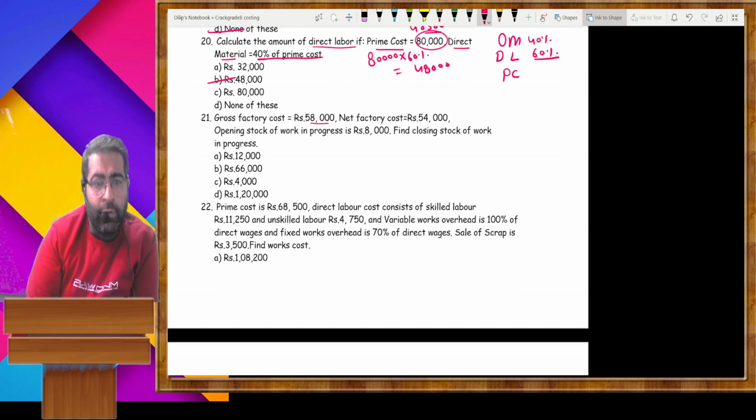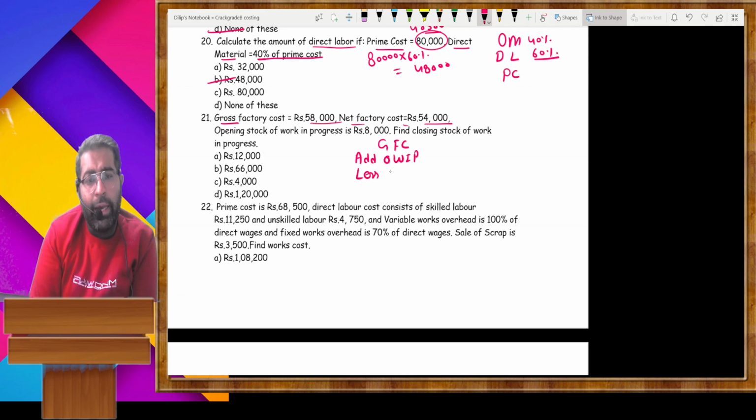Gross factory cost 58,000, net factory cost 54,000. Now, what is the relation of gross factory cost and net? Gross factory cost, add opening work in progress, less closing work in progress.